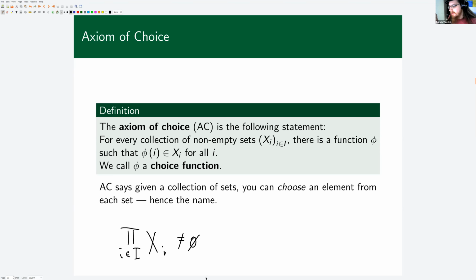Also, if these non-empty sets have some additional structure, for example, if they're groups, then you also don't need axiom of choice to show that there is a choice function, because the fact that they're groups already comes with a choice function. Just choose the identity from each one. But axiom of choice says that no matter what collection of sets you could possibly take, a choice function must exist. Okay. Everyone good so far?